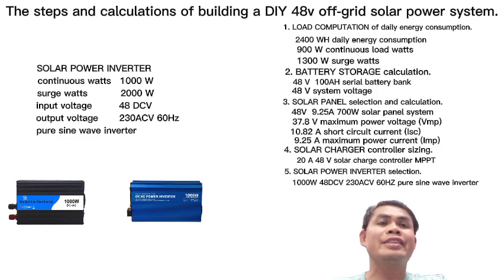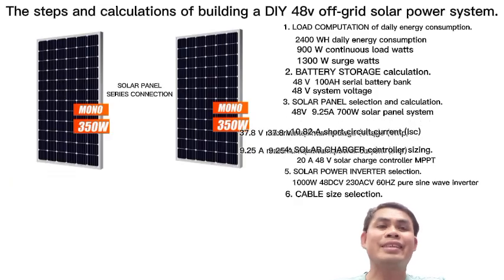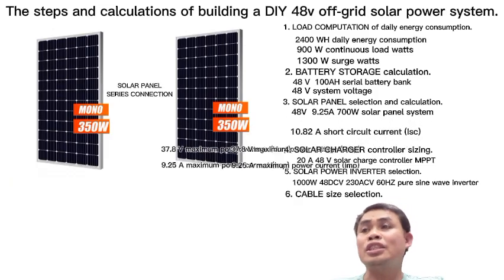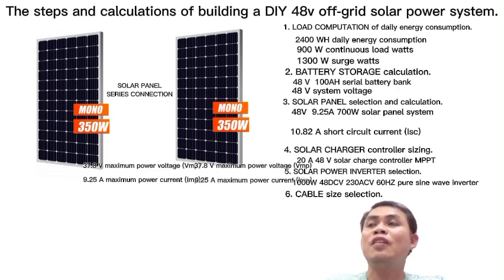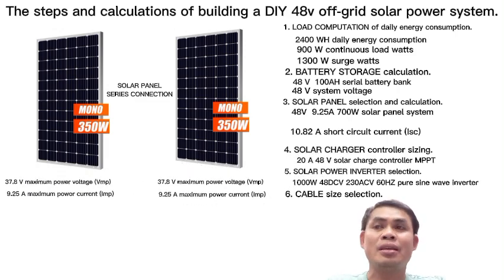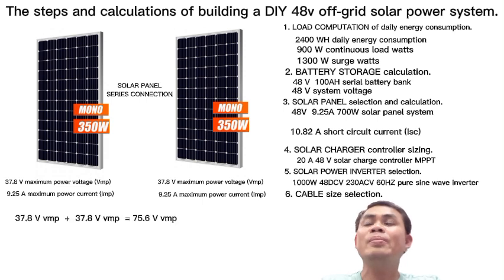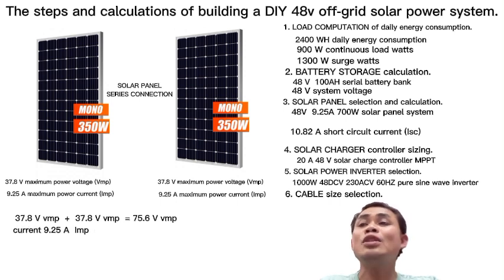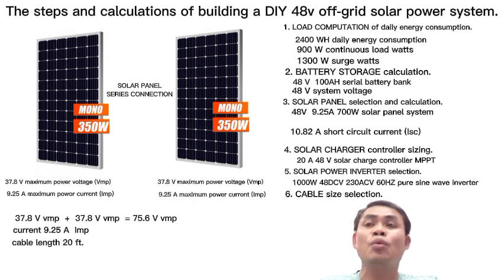Now we go to step 6, cable size selection. Since we have a series connection of 2 pieces of 350 watts, we add the voltage to become 75.6 volts VMP, with similar current of 9.25 amps IMP, installed on a 20 feet long cable with expected 1% voltage drop inside the tube raceway.